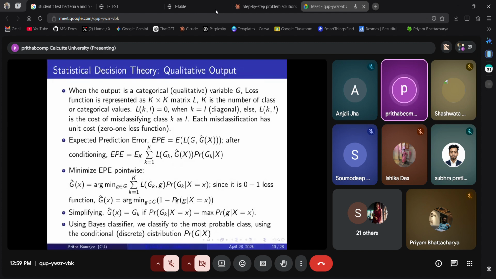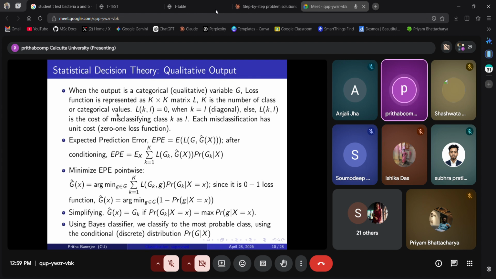That is what I was talking about, this mean. When the output is qualitative, we again define a loss function. We will not see much of it, but just understand that when the output is a categorical variable G, we define the loss function as a matrix L with dimension K cross K, where K is the number of classes or categorical values.